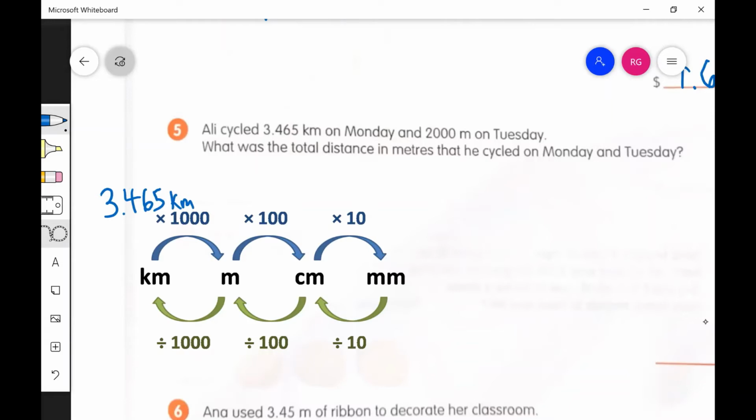What do they want the units in? Change kilometers to meters. Yes, we need to change these kilometers to meters, and then we will be able to add them up.